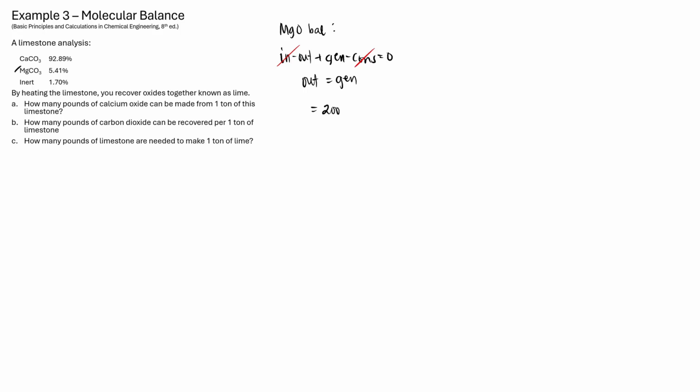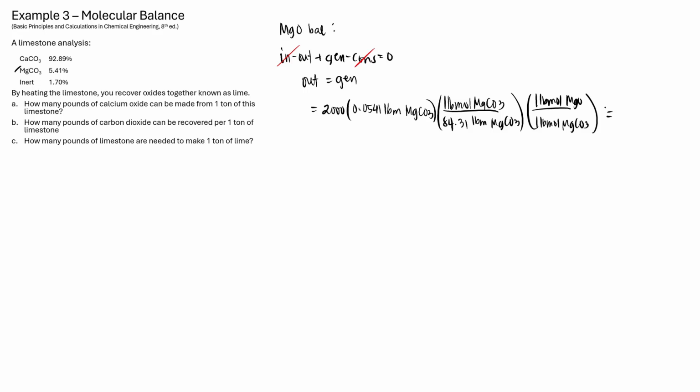So it's 2000 times 0.0541 pound mass MgCO3, multiplied by, so to get 1 pound mole of magnesium carbonate, we need 84.31 pounds of magnesium carbonate. And then it's just 1:1. 1 pound mole of MgCO3. I just need 1 pound mole of MgO.